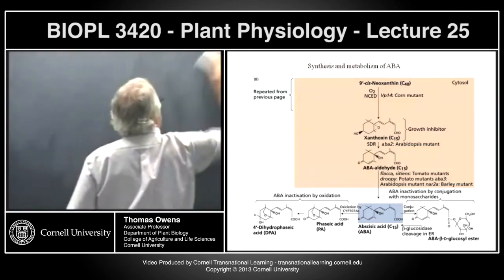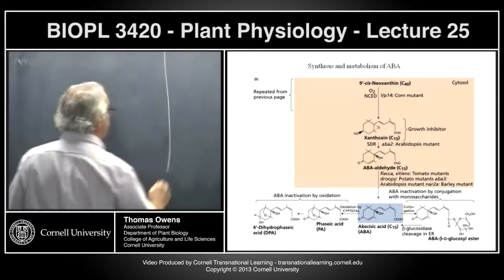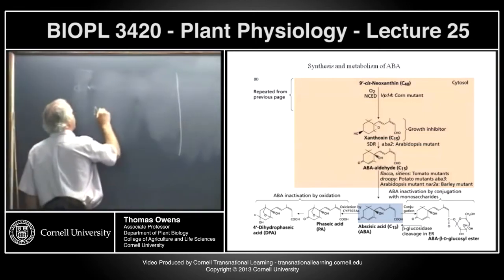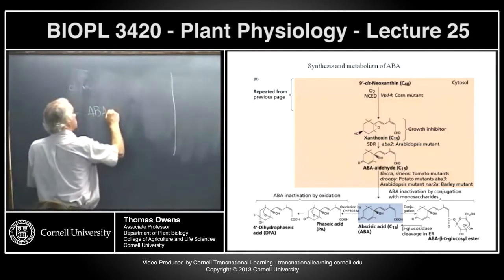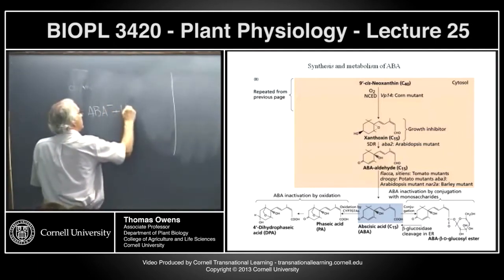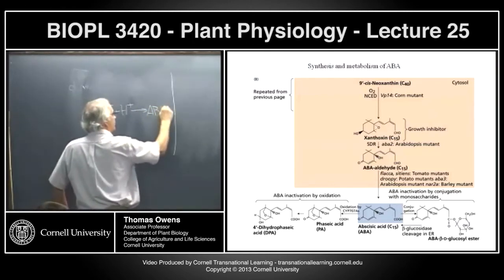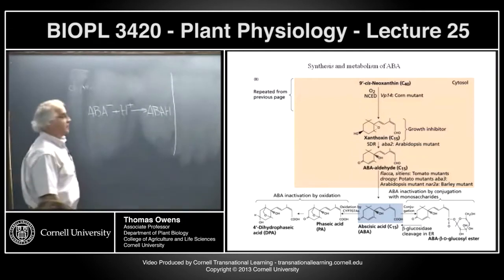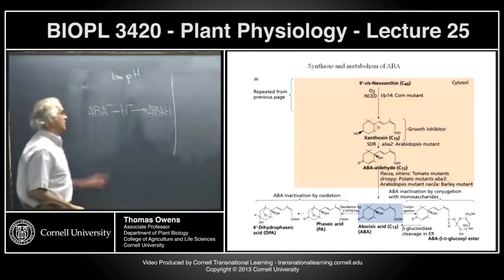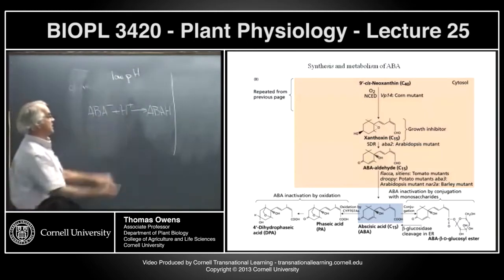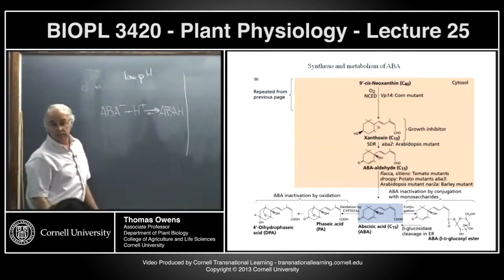This is a story you've seen already, but it's worth repeating. If we think about ABA as being a weak acid, it can pick up a proton and form the protonated form. And if this is a low pH region, with a high concentration of protons, it's going to favor the protonation over the deprotonation reaction.